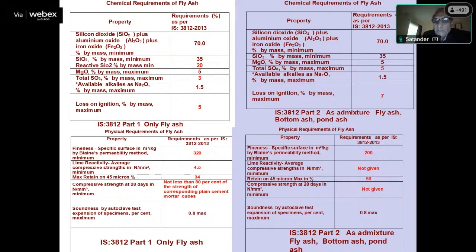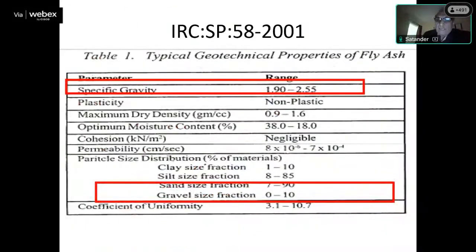If you combine these two, they come under the category of fly ash for geotechnical property. Here, the density is the main parameter, 0.9 to 1.6. If we are using density, then soil specification will not be applicable, like 1.75. We have a separate specification for the soil.